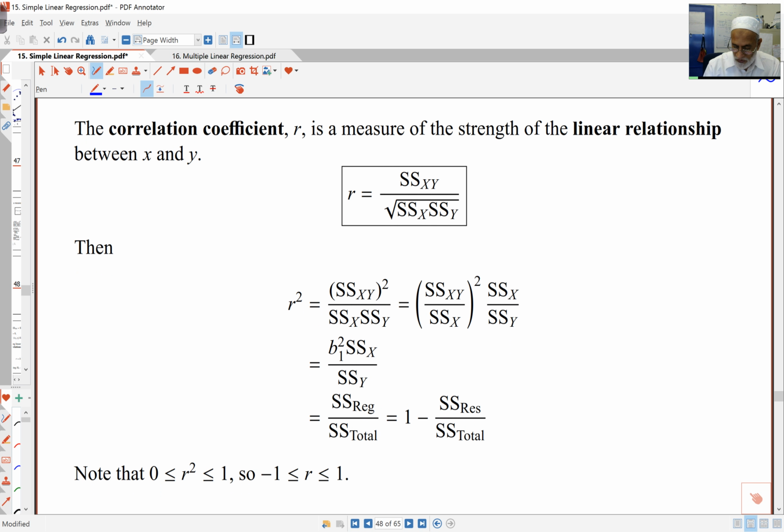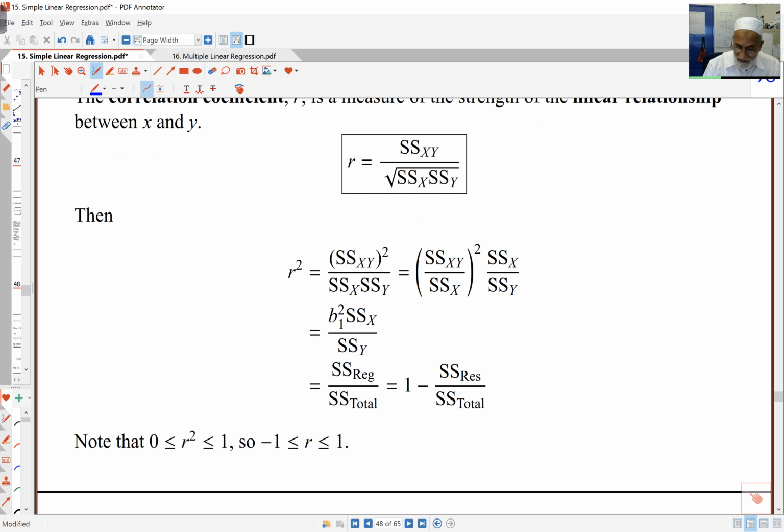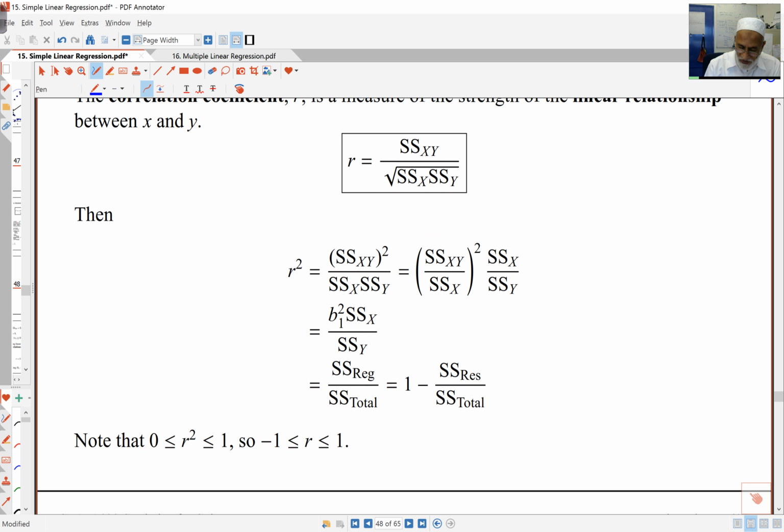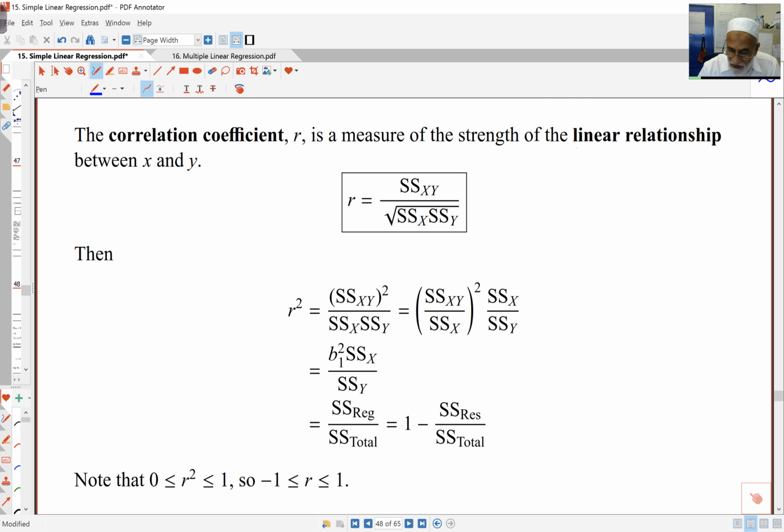That's nothing much to talk about. But if the regression sum of squares is large, this will be close to 1. So R squared lies between 0 and 1, and R lies between -1 and 1. And this is a measure of the strength of a linear relationship.